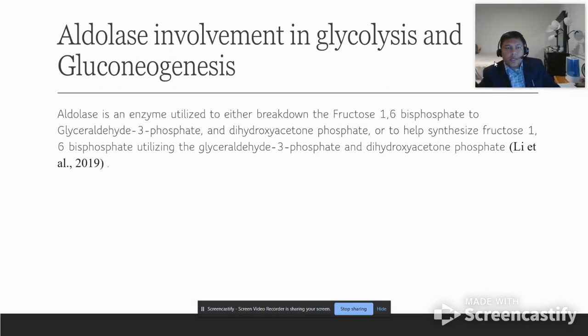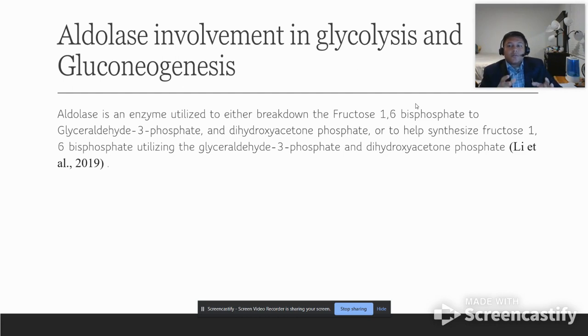How is aldolase involved in glycolysis or gluconeogenesis? Aldolase is an enzyme, as I mentioned earlier. It's utilized to break down fructose 1,6-bisphosphate into glyceraldehyde 3-phosphate and dihydroxyacetone phosphate.